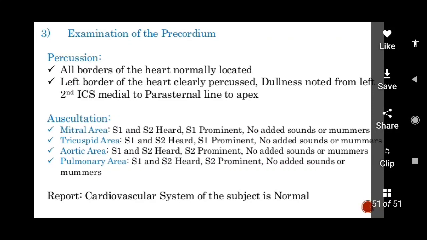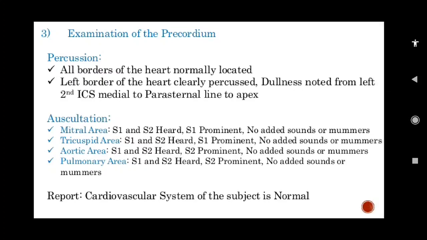And percussion: all the borders of the heart normally located, and left border clearly percussed, dullness noted from left second medial to parasternal line to apex. The right and lower borders we can't exactly locate, but the left and upper border we can clearly percuss and locate. And auscultation, like this you have to write.